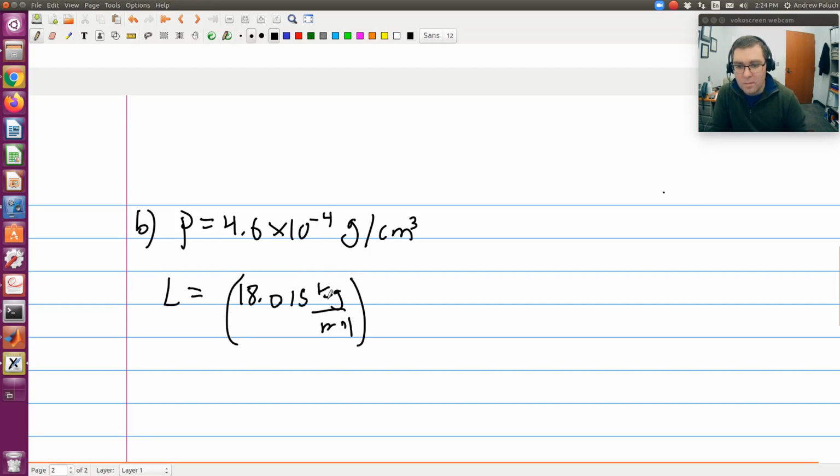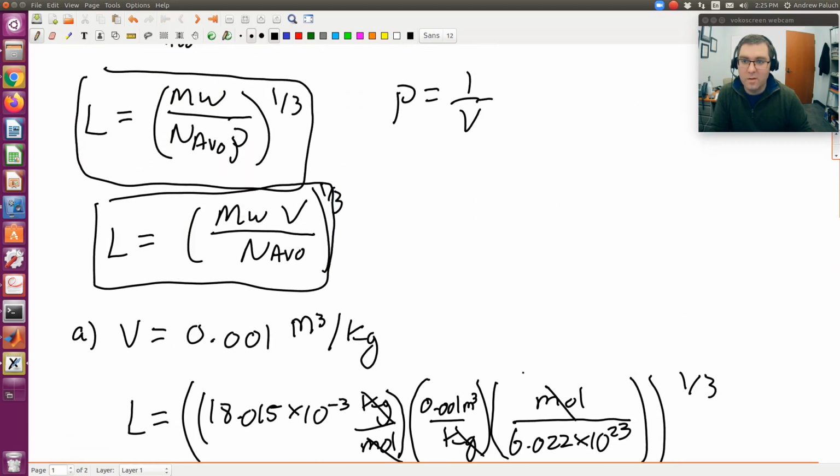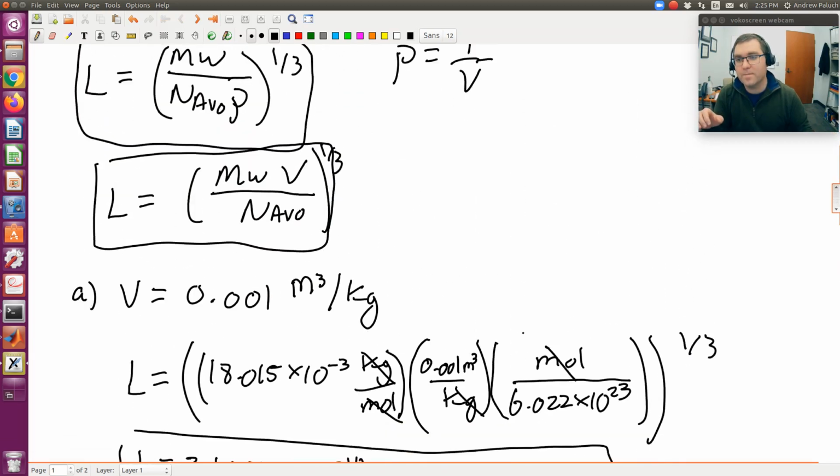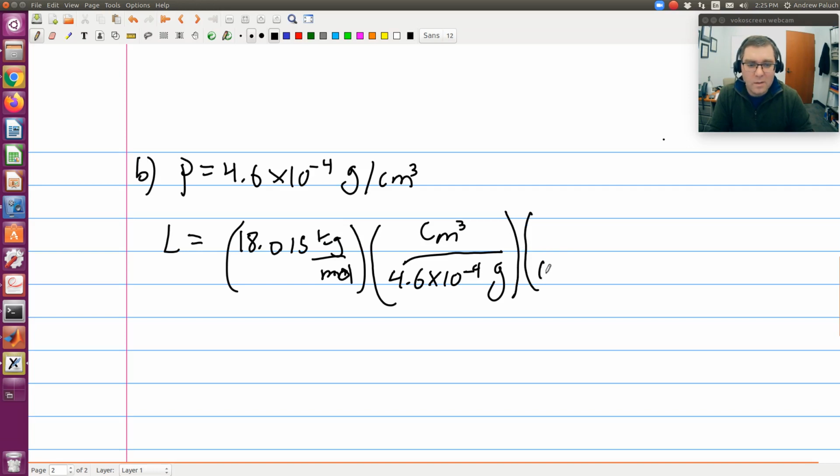I'm just going to have some extra unit conversions. Remember, density and volume are inversely related, so it's going to have this first equation here. If I do density next, this would be 4.6 times 10 to the negative 4 grams per centimeter cubed, times Avogadro's number, 6.022 times 10 to the 23 inverse moles.